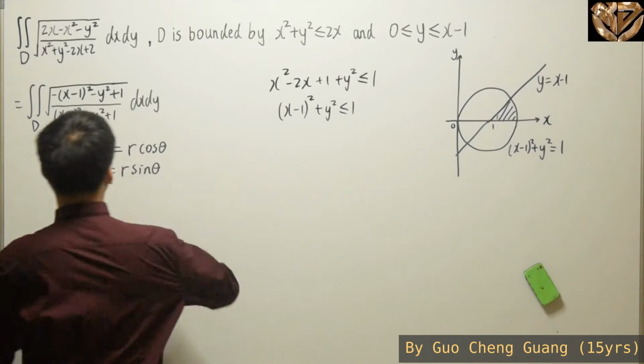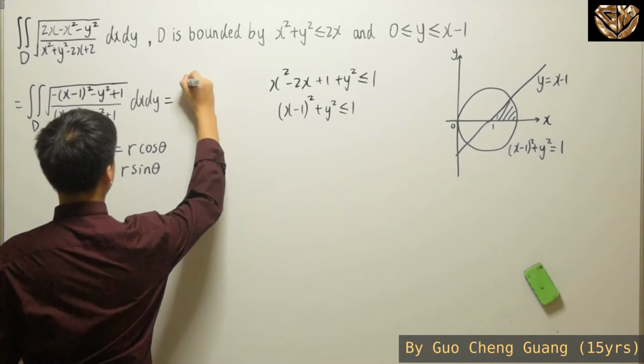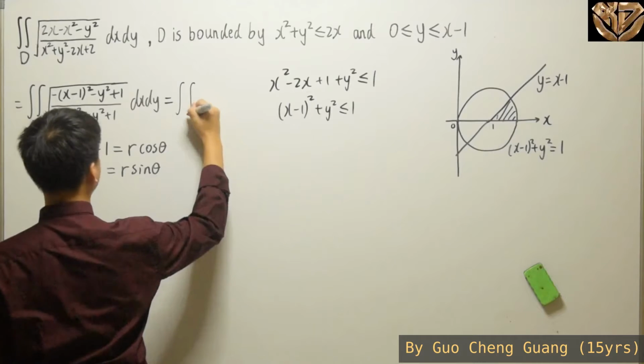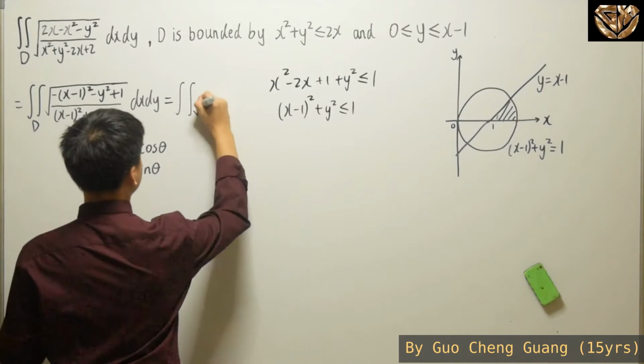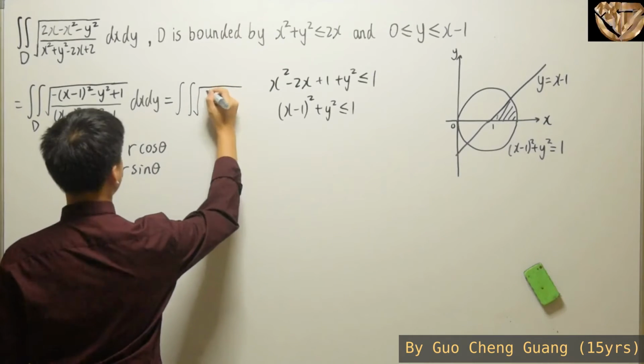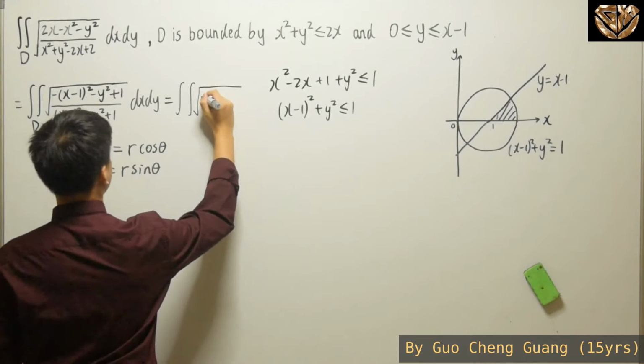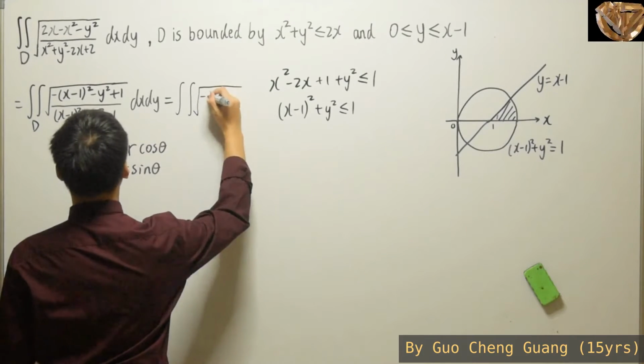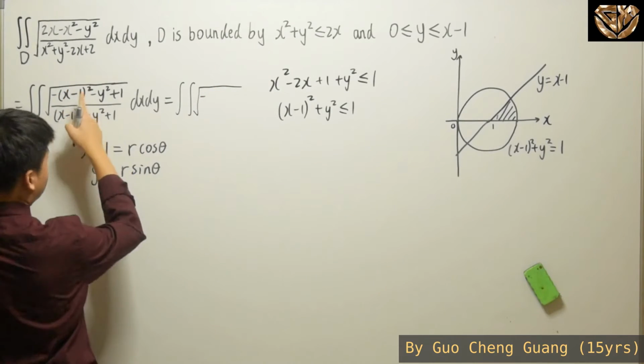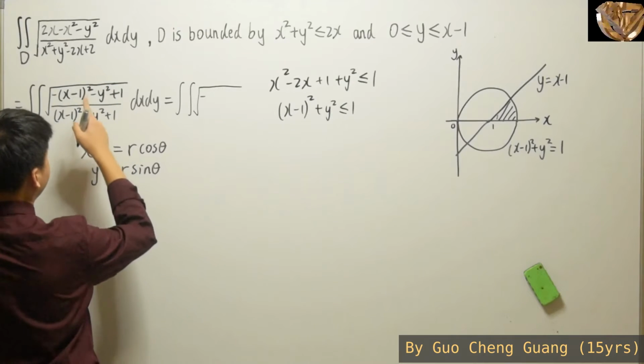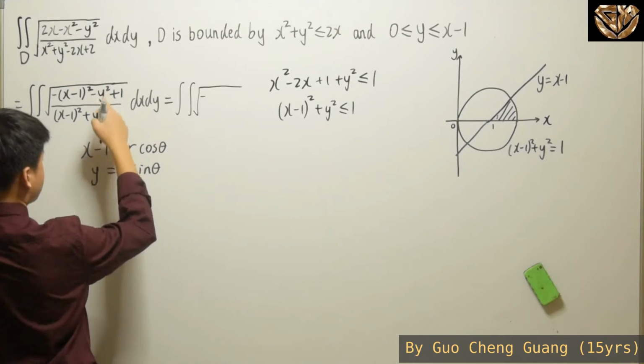So in this case, you will be having square root, negative r square cosine square theta minus r square sine square theta.